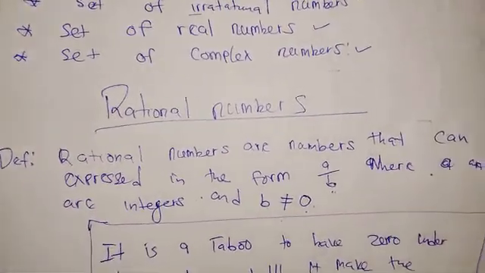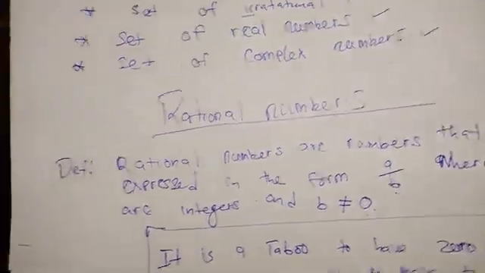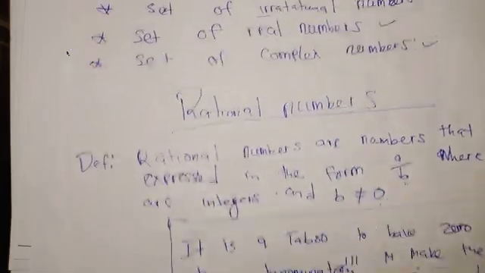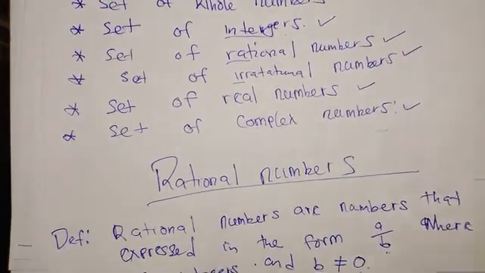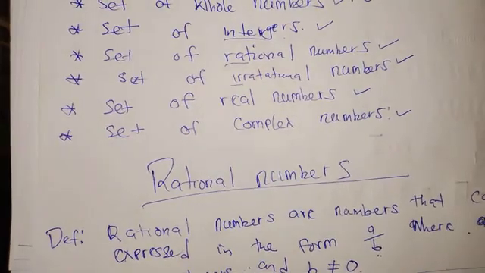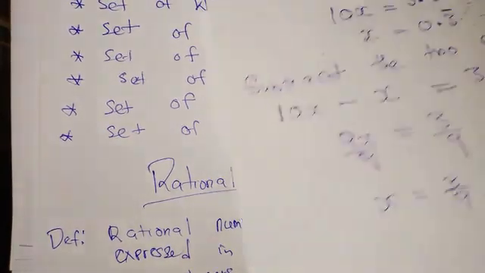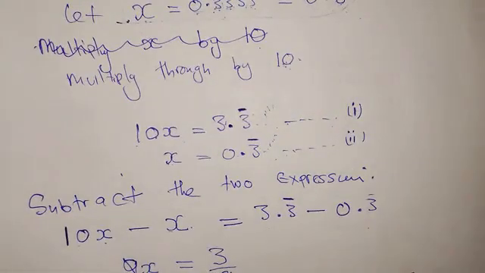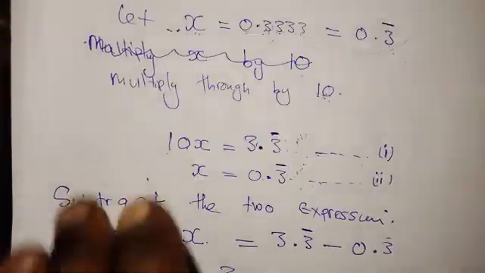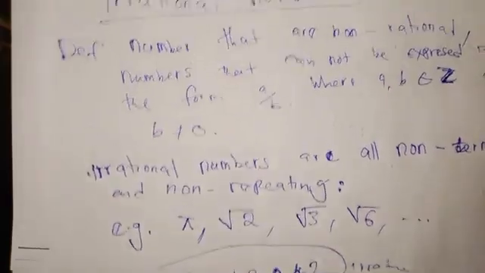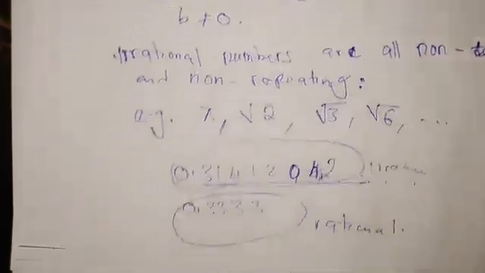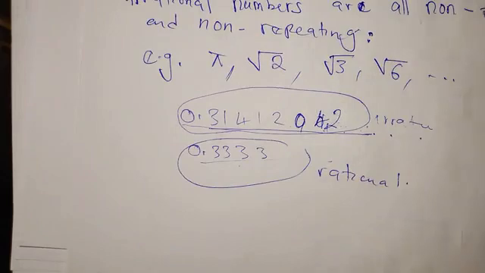We dwelled much of our emphasis today on rational numbers: what a rational number is, the characteristics of rational numbers, how to express decimal numbers as fractions, and lastly the definition of an irrational number and how we can differentiate it from rationals.